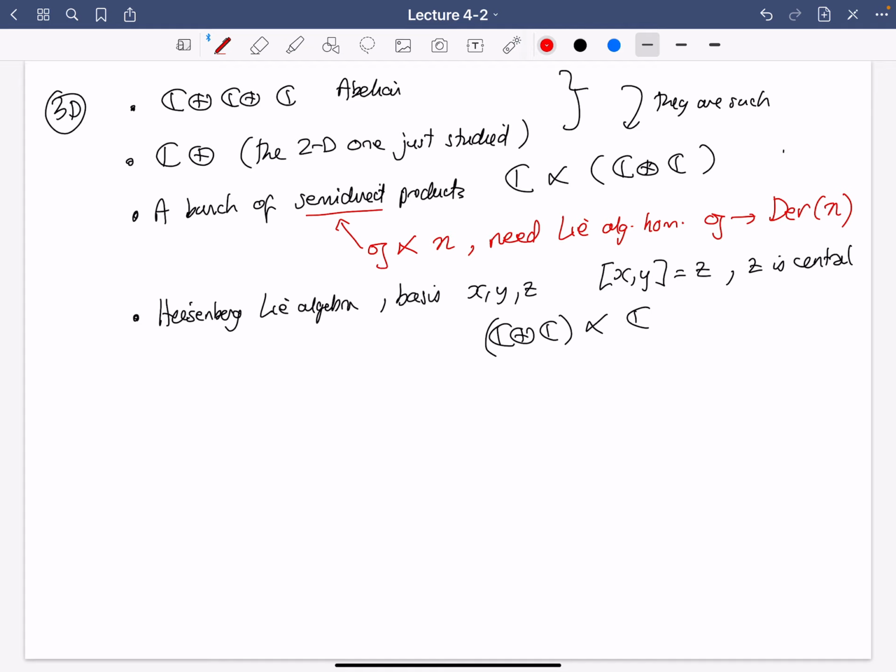But this Heisenberg algebra is actually nilpotent, because it has this non-trivial center, and when you factor out the center, you've got an abelian Lie algebra. So these are almost all solvable, except for the abelian example. Almost all are solvable, but not nilpotent.